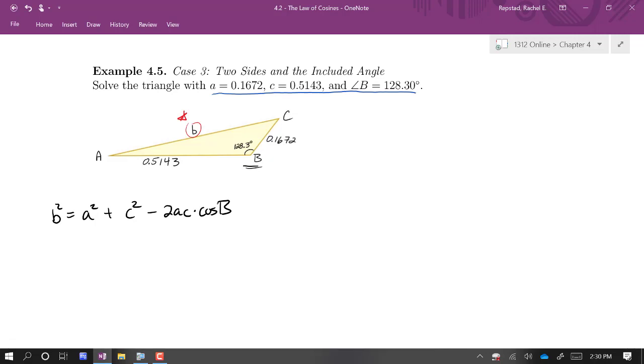Okay. I know everything. I have all the information to plug in everything on the right side of the equation. So we're just going to plug that in and take the square root on both sides.